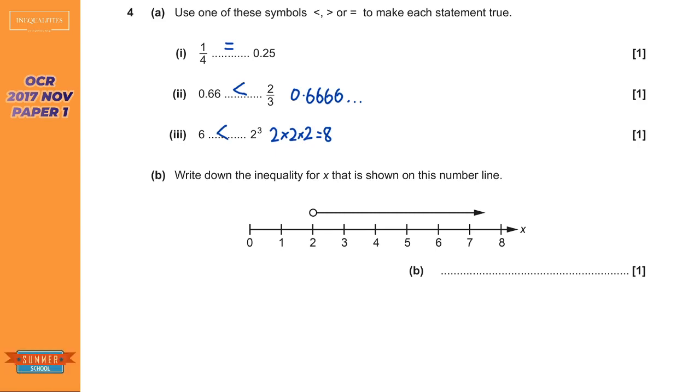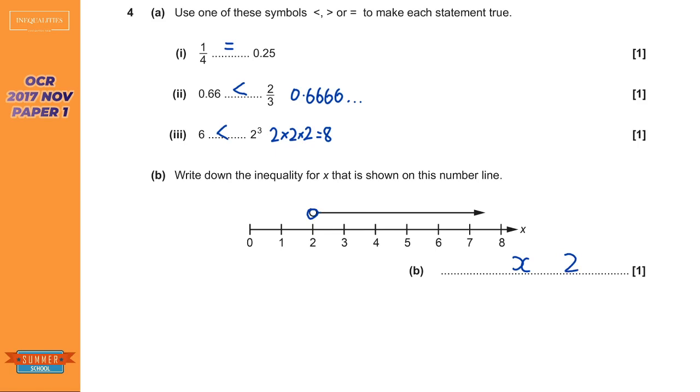Now, inequalities in a number line. This is quite tricky, and for a question 4, I don't know, maybe it's optimistic. So we need to first of all put x down, and we also need to put the number that is circled, so that would be 2. Now we need to figure out what inequality goes there.